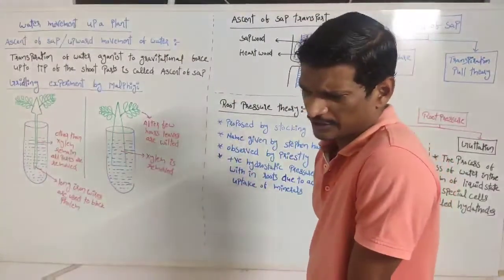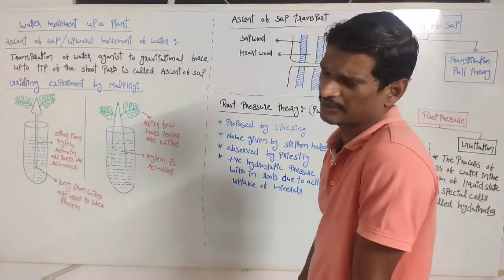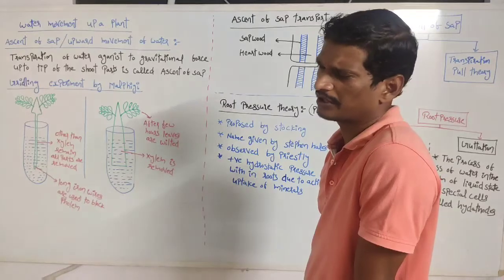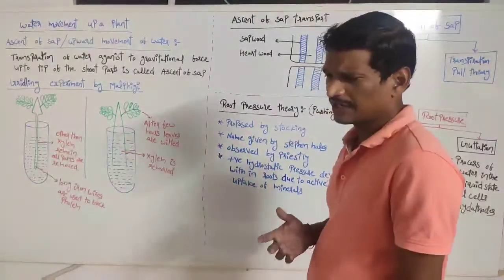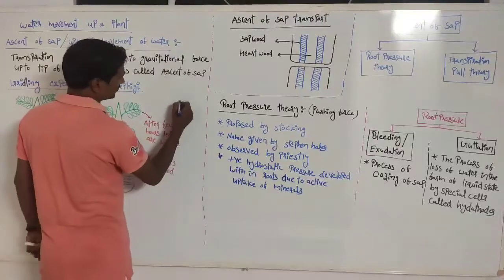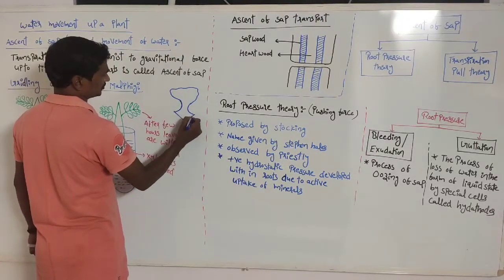We are discussing here the ascent of sap. That is nothing but the upward movement of water. So in a plant, how are the water molecules transported? This is the plant. This is the root.